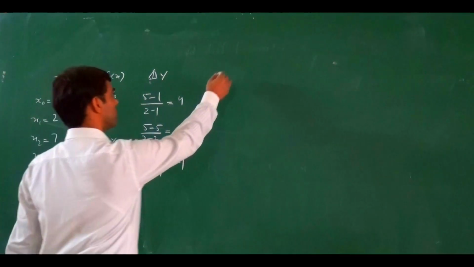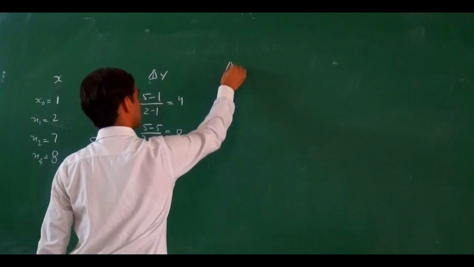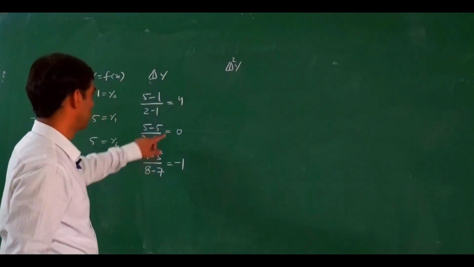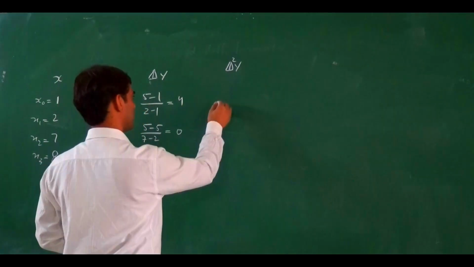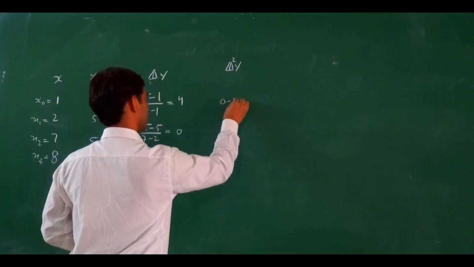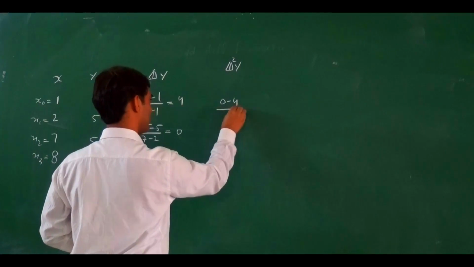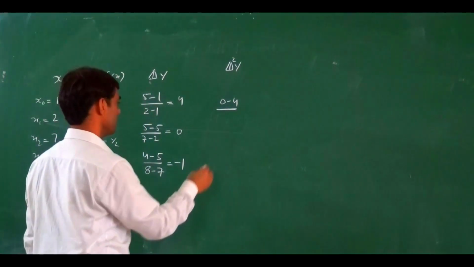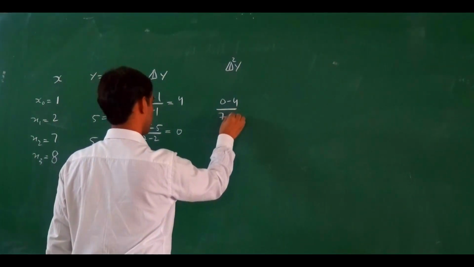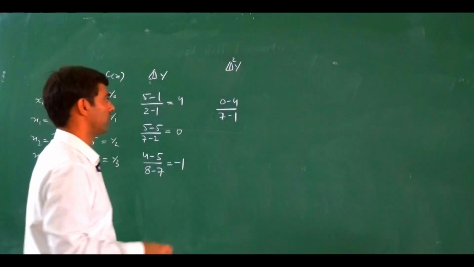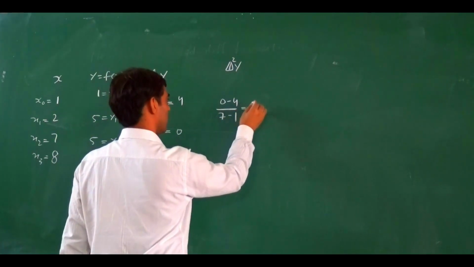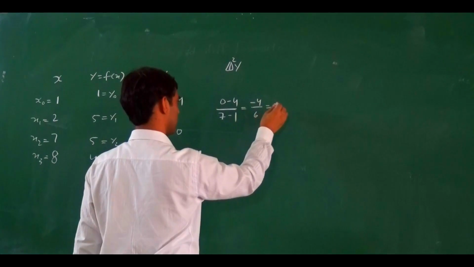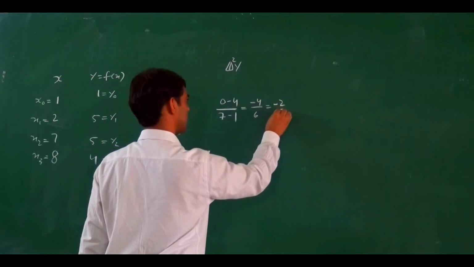Now, second order divided difference, del 2y. 0 minus 4 divided by 7 minus 1. The value for this one is minus 4 by 6, which is minus 2 by 3.